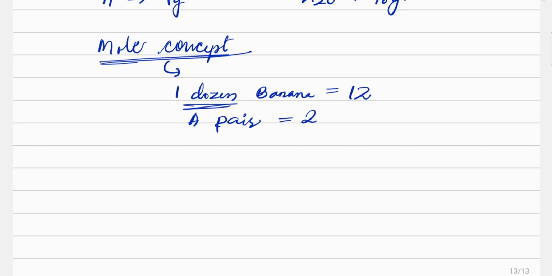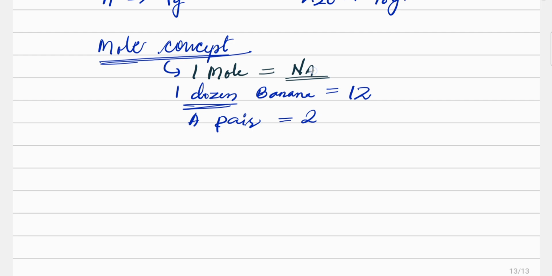Okay, so similarly mole concept has a name which is mole. Okay, 1 mole is equal to a certain number. What is that number?